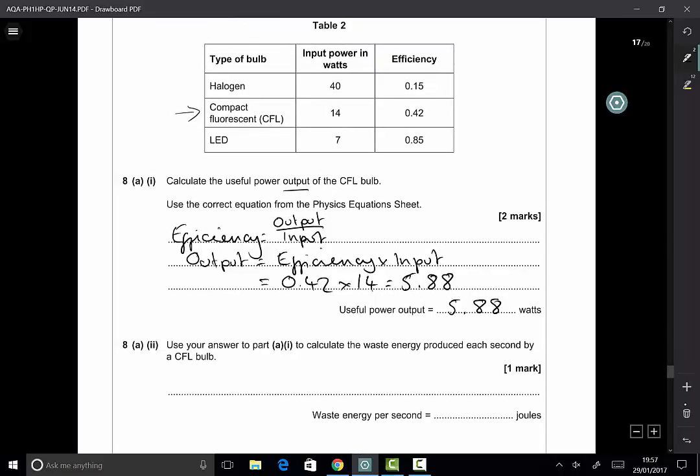A watt is just a joule per second, so we're already working in per seconds here. Our input was 14. We've got 5.88 useful. So 14 minus our answer from the previous question gives us 8.12 joules.